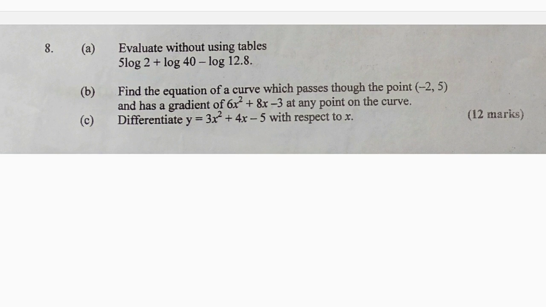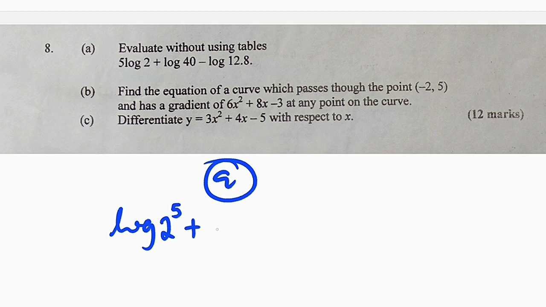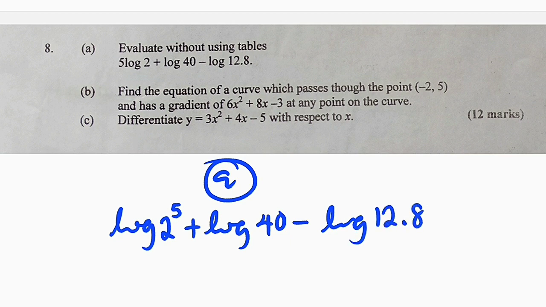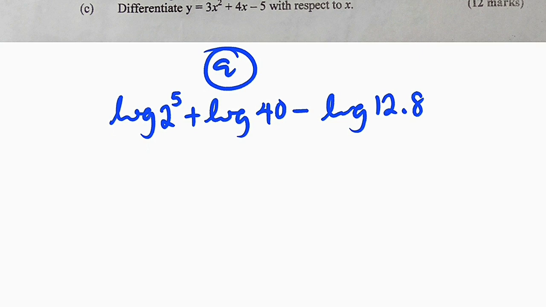You should know that according to one of the laws of logarithm, this 5 can serve as a power of 2. So a part, we can write it as log of 2 raised to the power of 5 plus log of 40 minus log of 12.8. Let me remind you something.